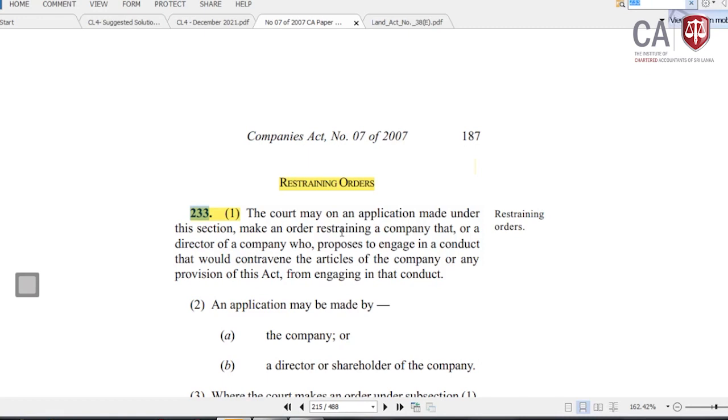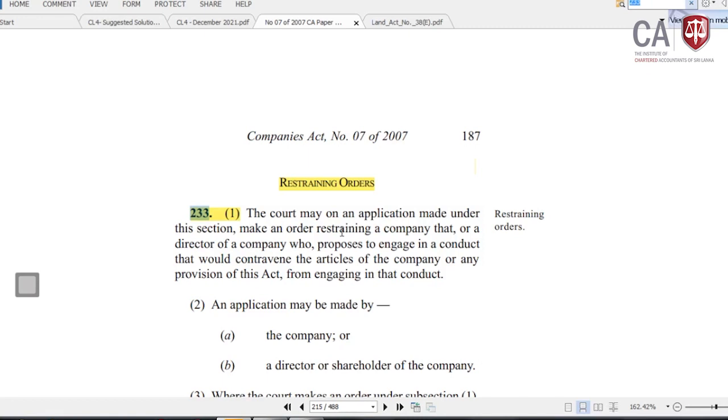The significant feature of this kind of order is that you can obtain this order if the transaction has not yet occurred. It is an injunctive relief. If you obtain a restraining order, it is similar to a final order that you have obtained from a court, similar to a final judgment issued by a court. Through this order, you prevent the director from entering into this particular transaction in violation of the articles.